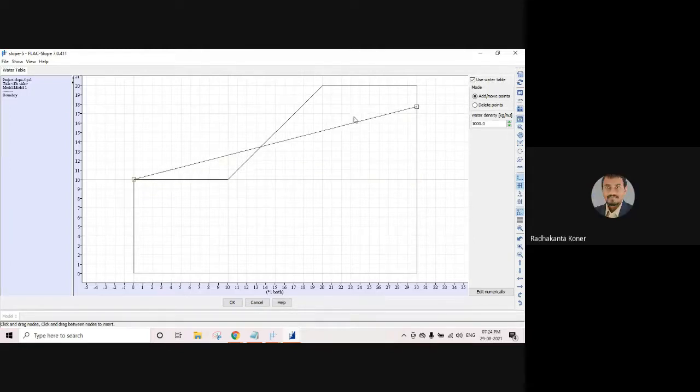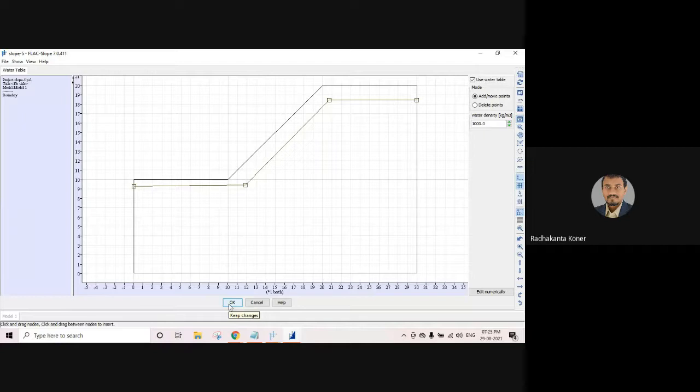But there is a tricky one that I want to mention to you. How easily we have incorporated the water table inside the slope model. But field condition is not so easy.